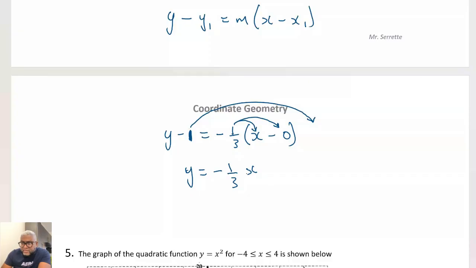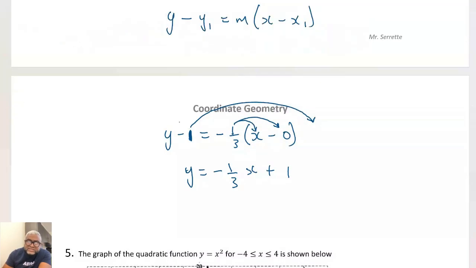Right, Hollister? Yes. Negative 1/3 multiplied by 0 is what? Anything multiplied by 0 is what, Hollister? 0. Right. So you can see that cancels out, right? And when we bring the 1 to the right, what we do with it? Adding it. Right. Remind me what the form for the equation of a line is, Hollister.